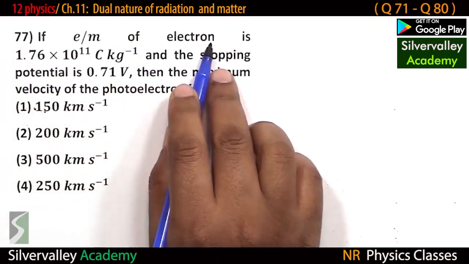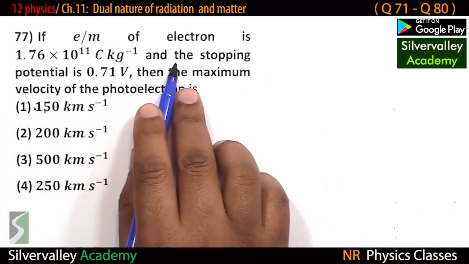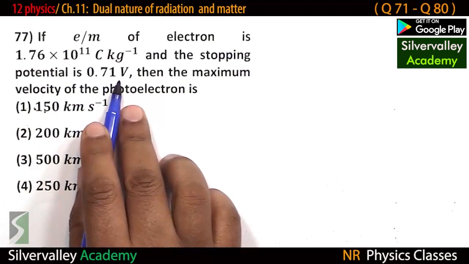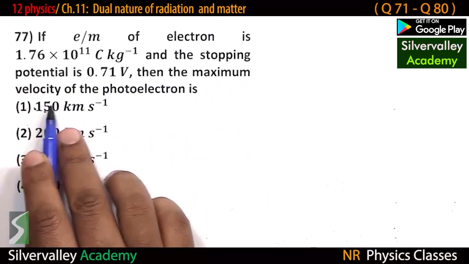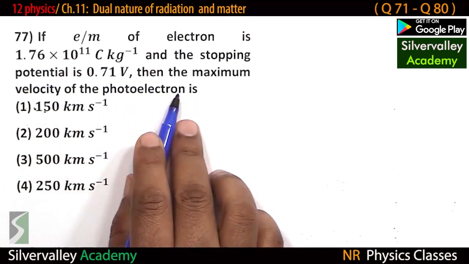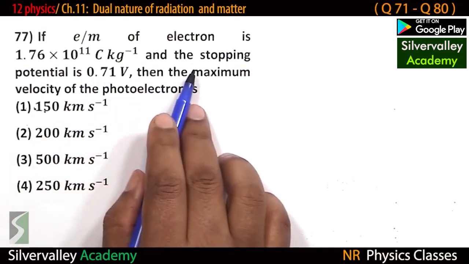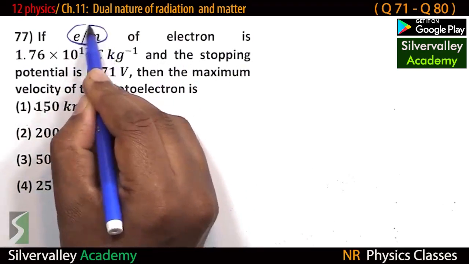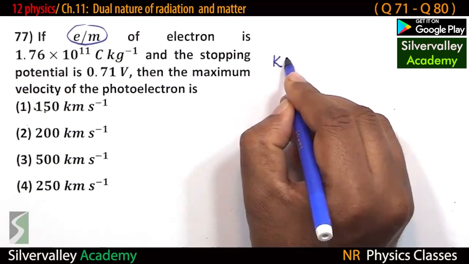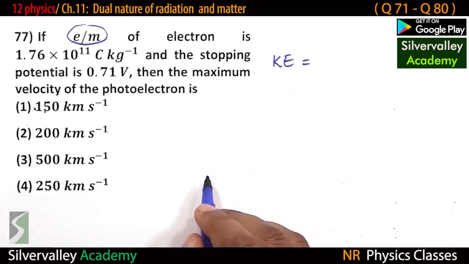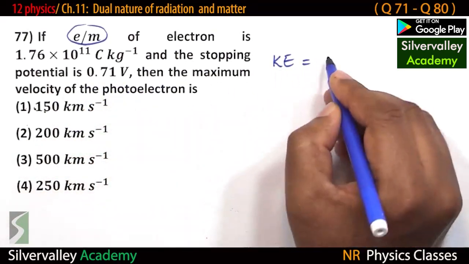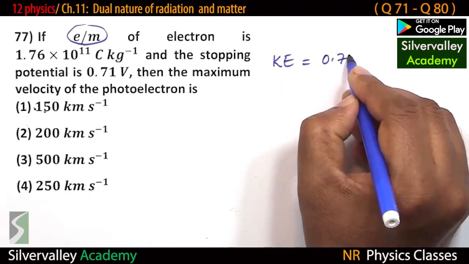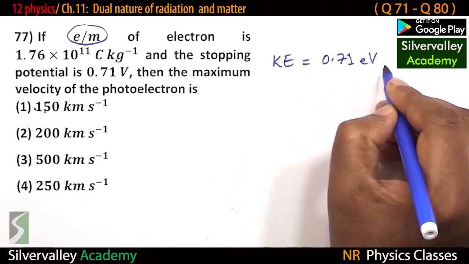If e by m of an electron is given and the stopping potential is 0.71 volt, find the maximum velocity of photoelectrons. E by m is given. So kinetic energy equals 0.71 electron volt.